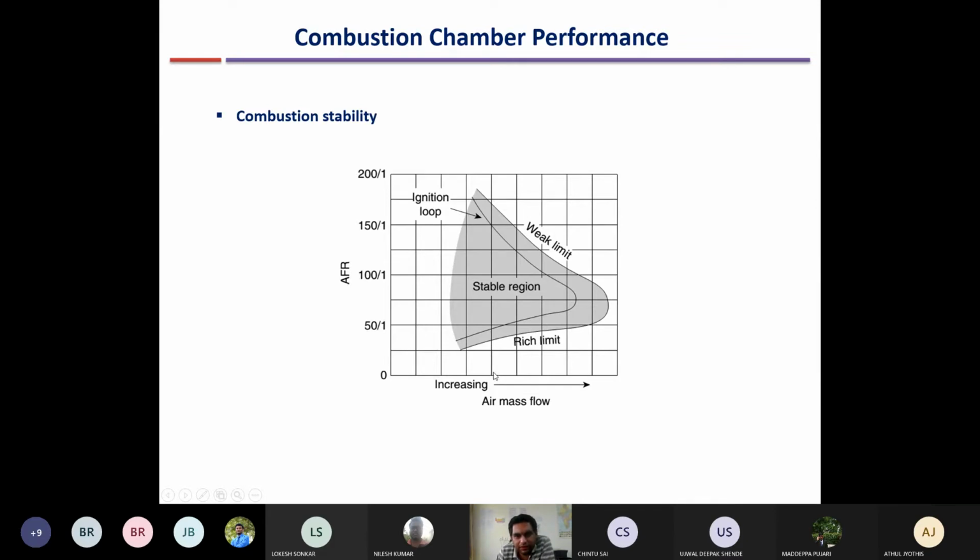So at a certain air mass flow rate, there is a range of air fuel ratio where the flame is stable, like between 50:1 and 150:1 for this case. If you go to a higher air flow rate, this range is reduced. Now the second important factor is the mass flow rate of air. If the mass flow rate is large, it means the velocity is large.